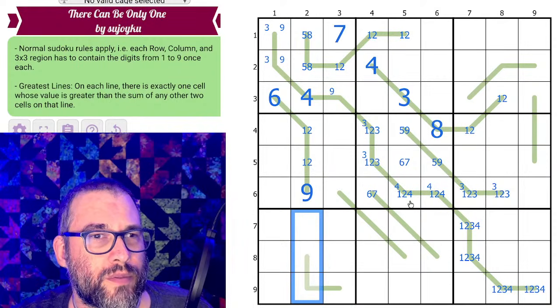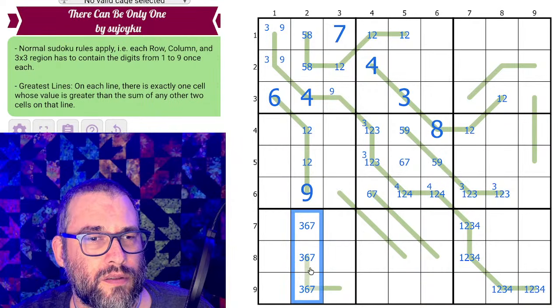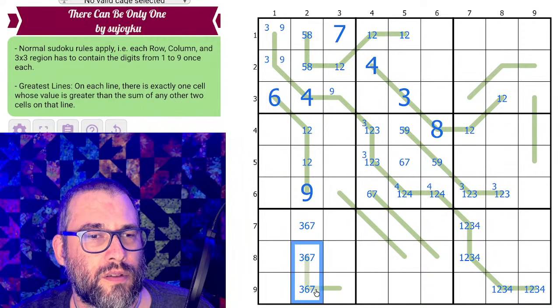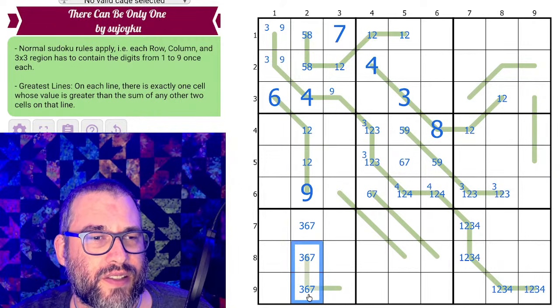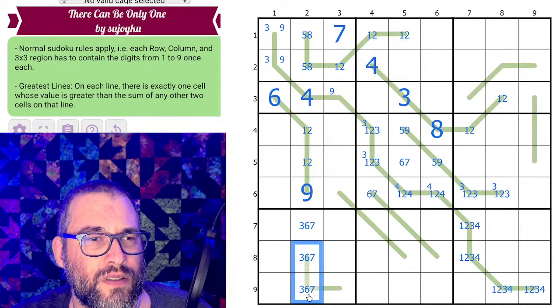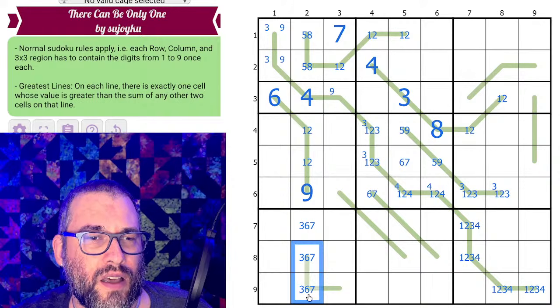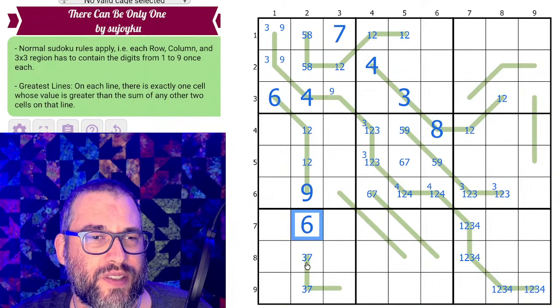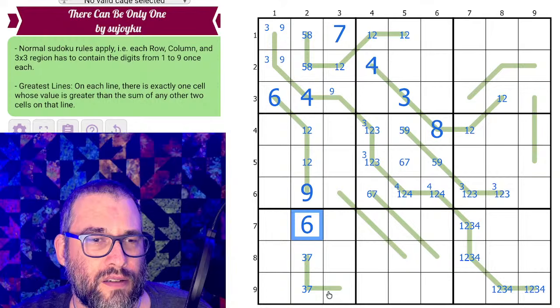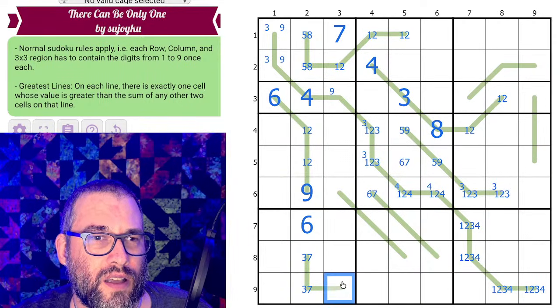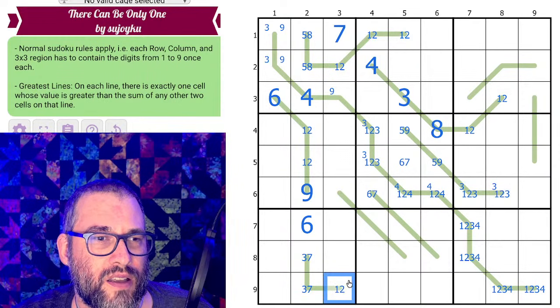What's left in this column? Not 1, 2, 3 is left. 4, 5, 6, 7. So I feel like we can't have a 6 in these cells. This has to be 3, 7 with a 6 here. And this is a 1 or a 2.